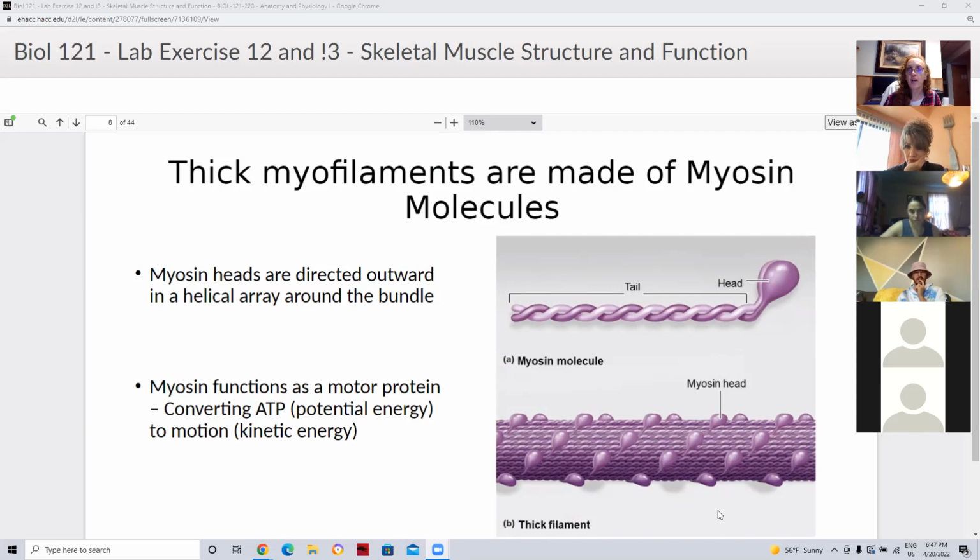If you want to think of it this way, and we'll elaborate on it, myosin is working like someone playing tug of war, but doing it in reverse.